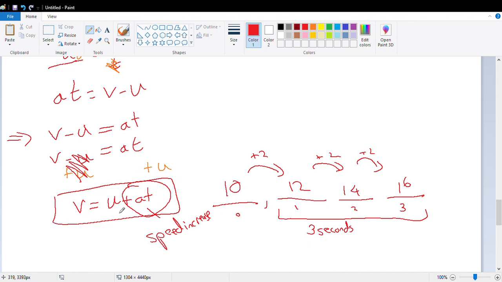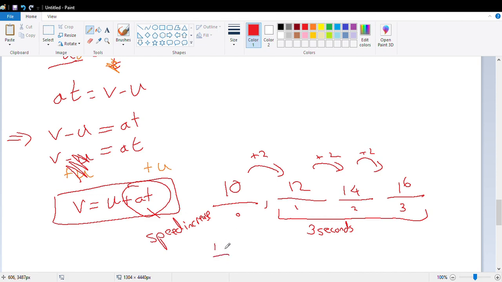So all this here is generating a number sequence where this first term is the first number in the sequence, your starting speed, and this second part of the equation, the a and the t, talks about how much your speed either goes up by or down by. If there's a minus sign there, the sequence is getting smaller, your velocity is getting slower. If it's a plus term, your velocity is getting larger.